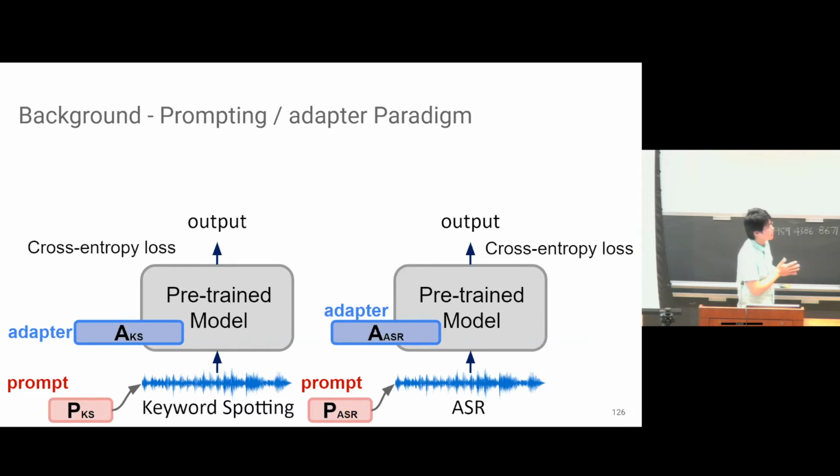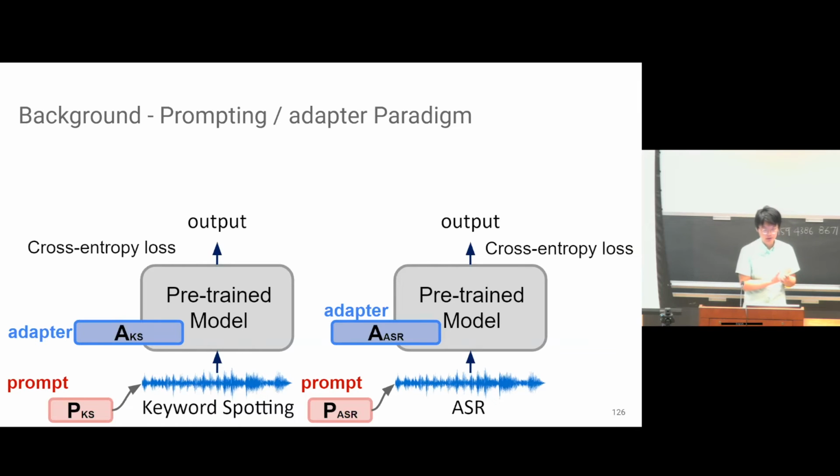Another type of work is adapters. You can imagine them as thin layers you add in between the layers of your self-supervised learning models, and you only tune your adapters. I should also mention the color coding here: red or blue are the tunable parameters, and gray is fixed or frozen.